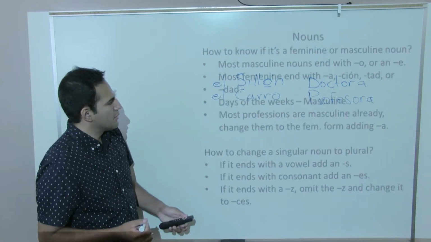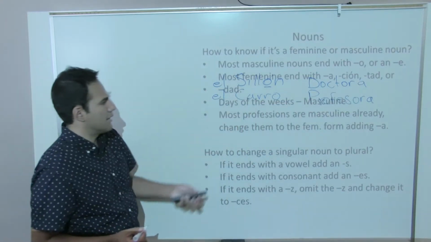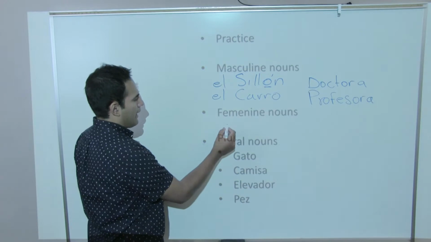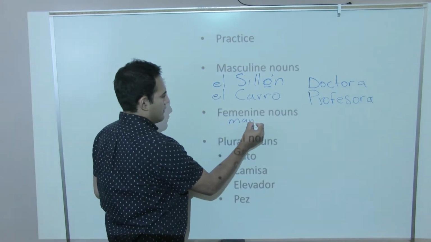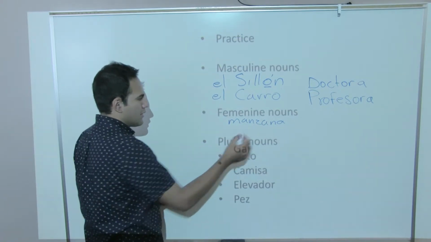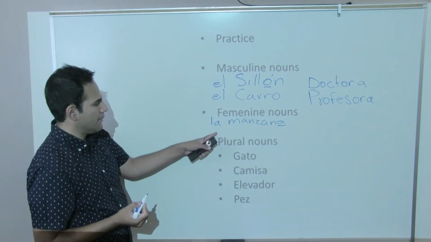So for the feminine, we were saying that the A, sion, tad, and dad. Like for example, if we do manzana, apple, so it ends with an A, so then it's going to be la manzana, okay?